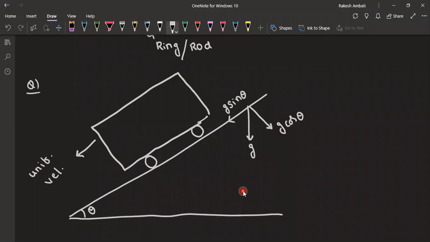In the car, a pendulum is suspended, and the pendulum is deflected through angle theta naught. So find theta naught.